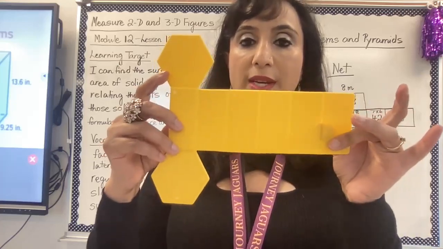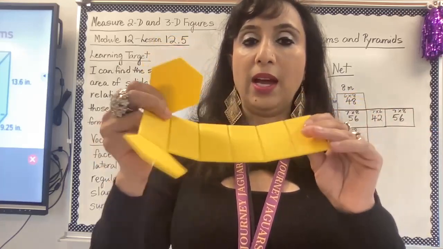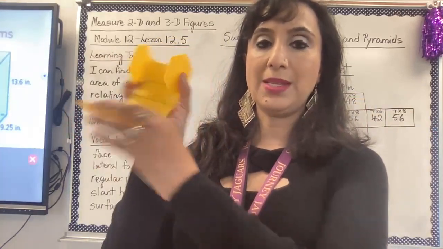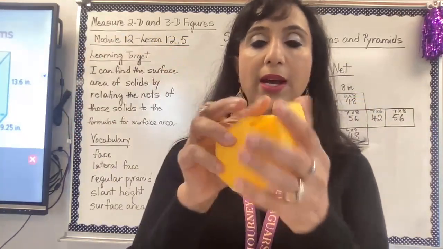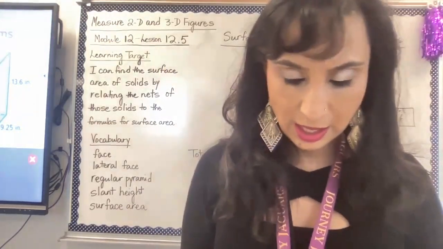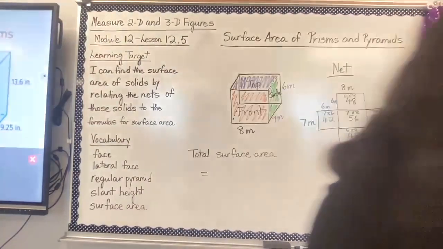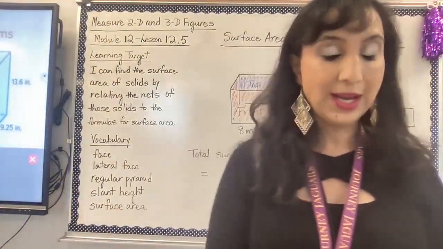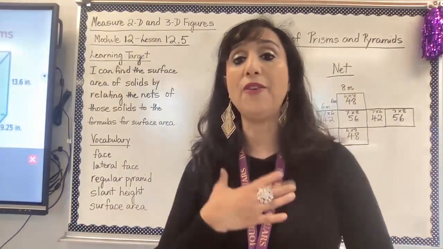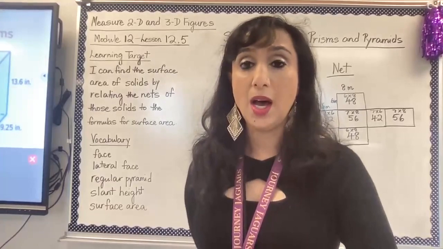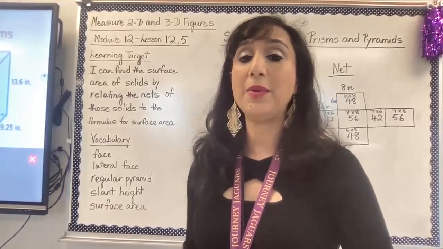So 6 of those rectangles. And then I have, of course, the base and the top are going to be a hexagon. All right. So nets are nothing but a 2-dimensional representation of a 3D shape when it is pulled open.